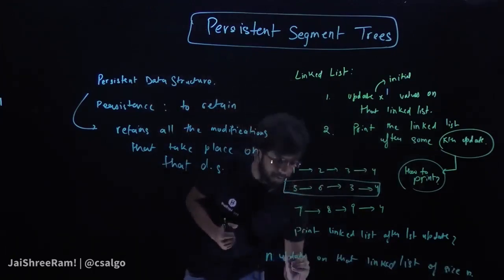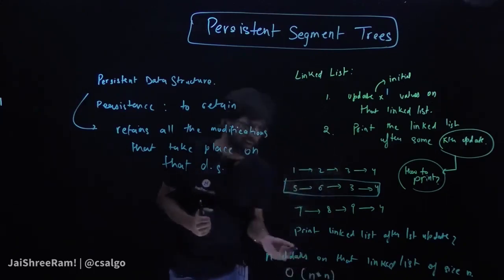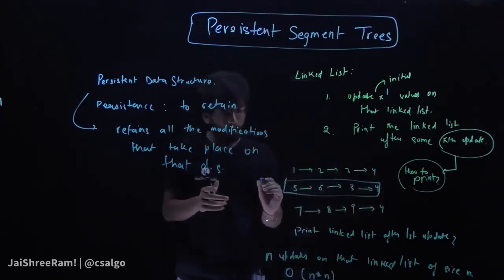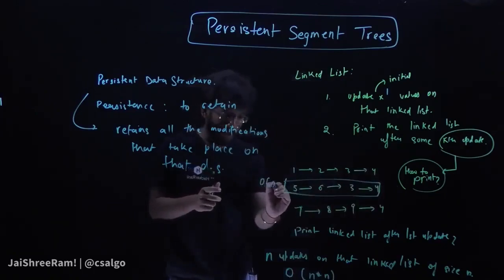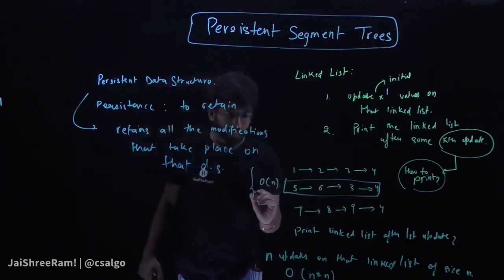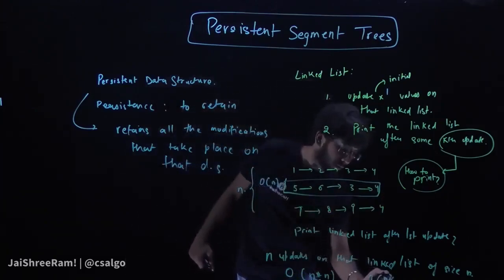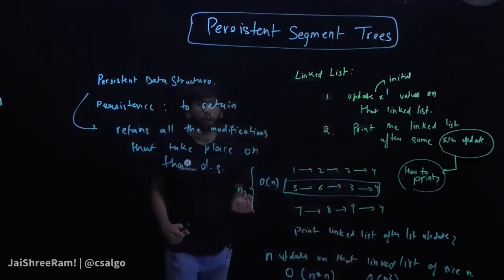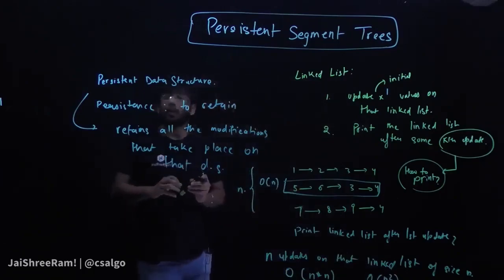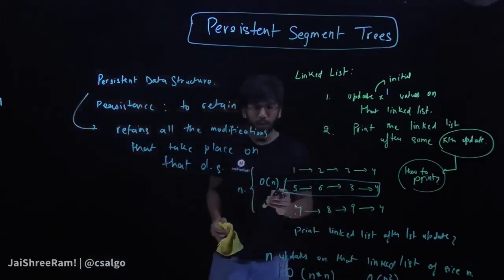Yeah, so the complexity would be O of n into n, because each time we are constructing the entire linked list which is of size order n, and we are doing this for n times, so this makes the complexity O of n square, which is not what we prefer. We can do something better. So I'd recommend that you pause the video and think of a solution to this problem.